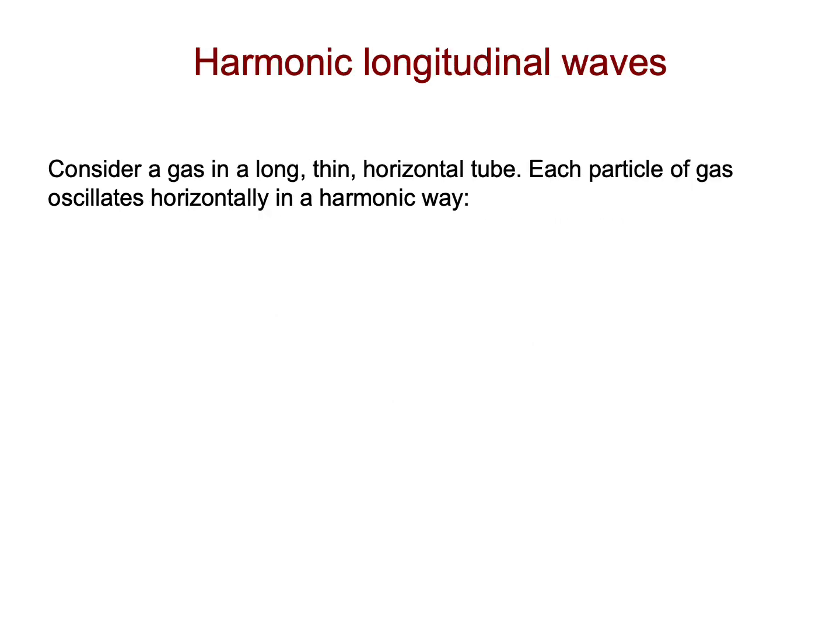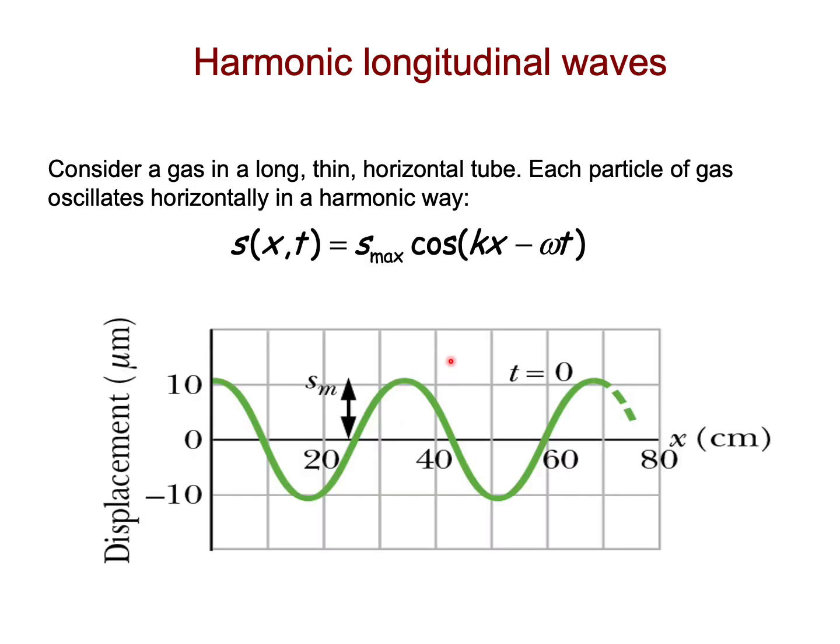Now we can plot this for harmonic longitudinal waves. So consider gas in a long, thin horizontal tube. Each particle of gas oscillates horizontally in a harmonic way. Now, this graph is showing the longitudinal displacement, but it's a little bit confusing because we're showing it using a transverse direction.